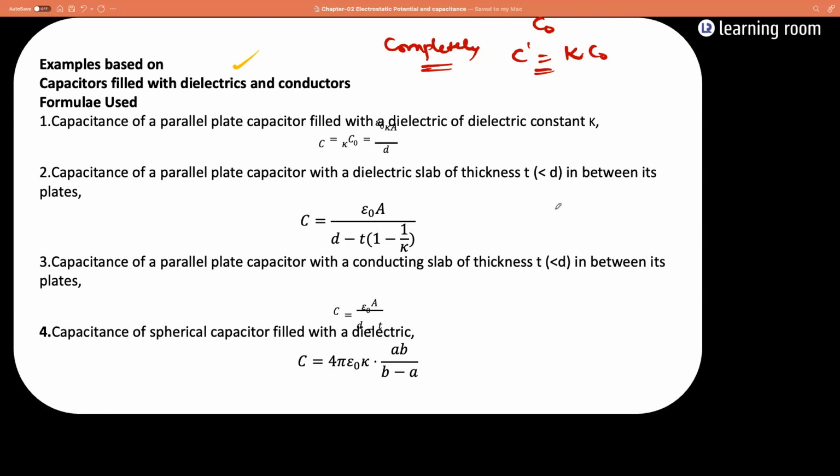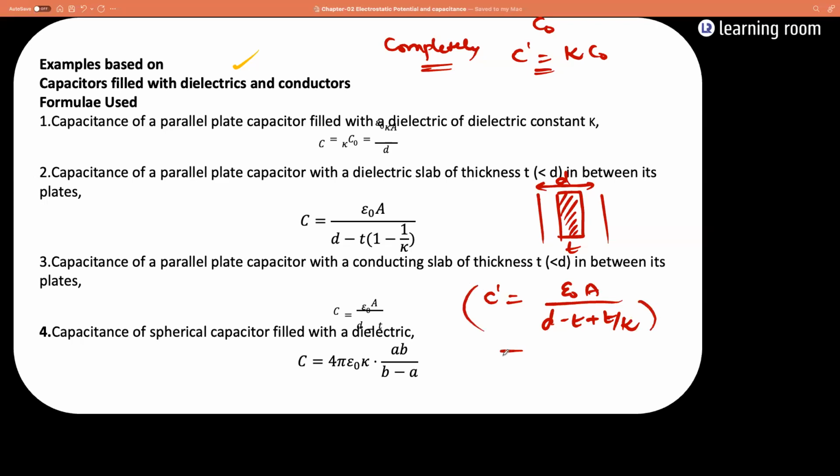Suppose the same dielectric, instead of being filled completely, is occupying only a thickness T between a gap of D. What will be the new capacitance now? C dash will be equal to epsilon naught A divided by D minus T plus T divided by kappa.